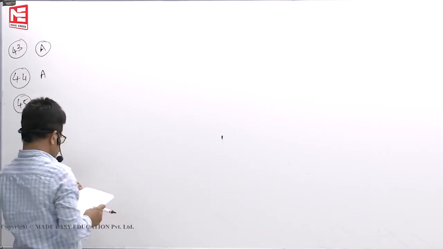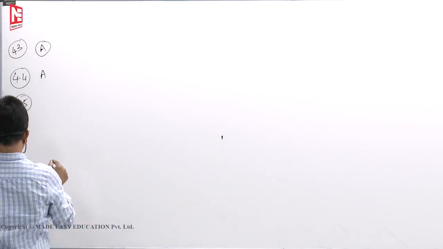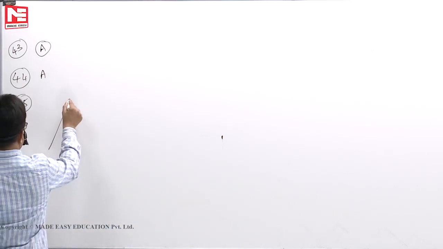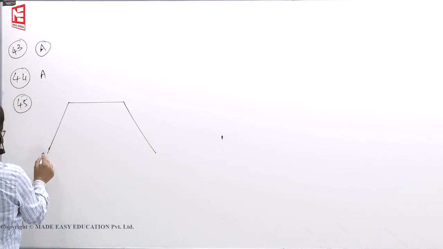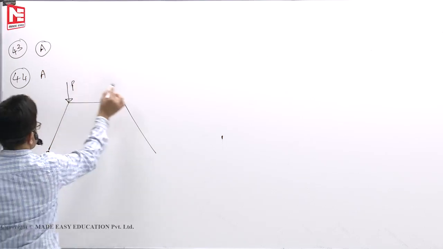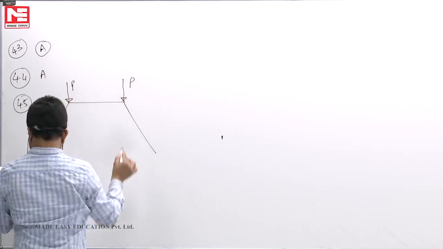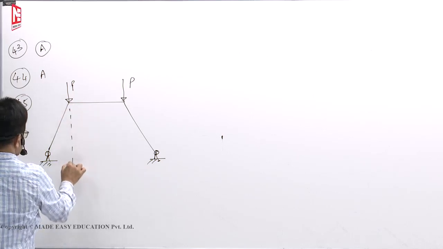Then 45. For the frame shown in the figure below, bending moment at every cross section is 0. They have given it like this. This load is P. Load is P. Like this given, L by 4.